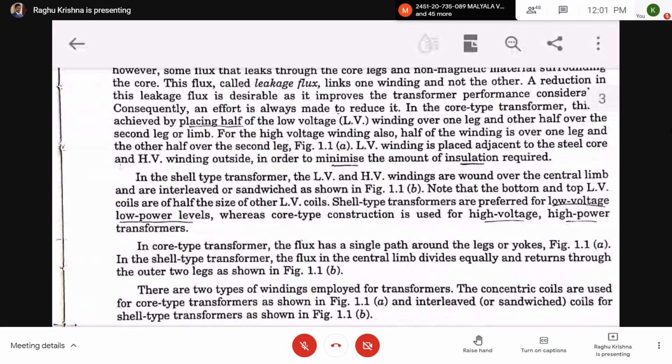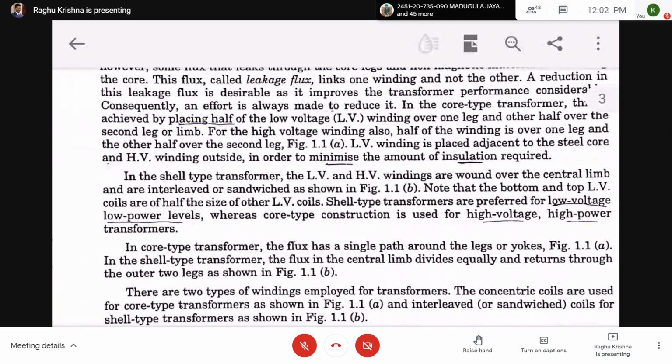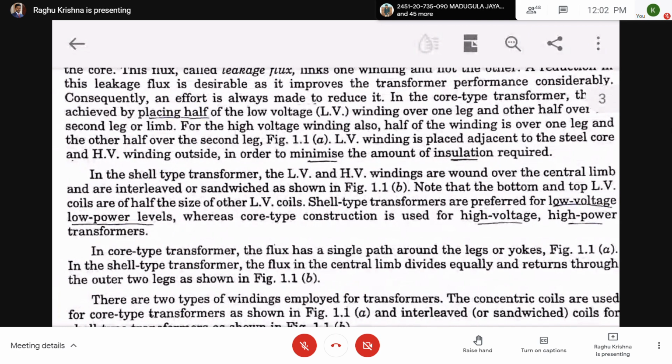Next, in the shell type transformer, the LV and HV windings are wound over the central limb and are interleaved or sandwiched. Another word for interleaved is sandwiched.